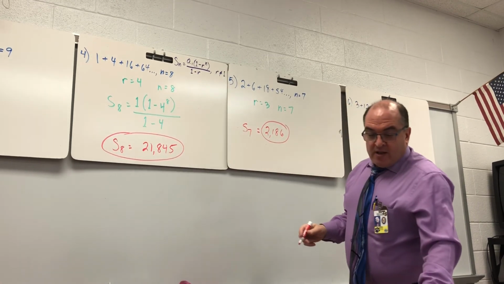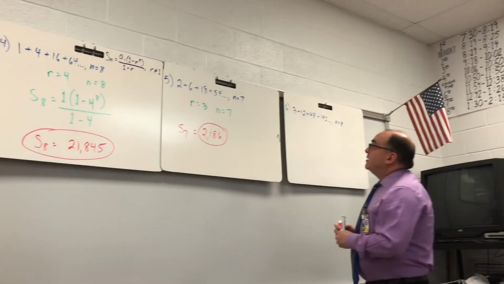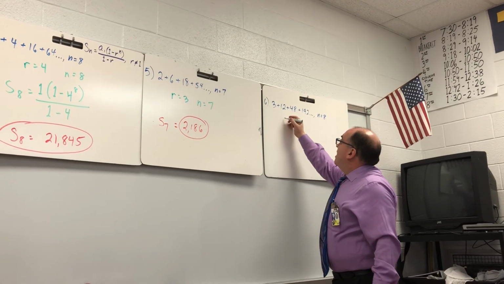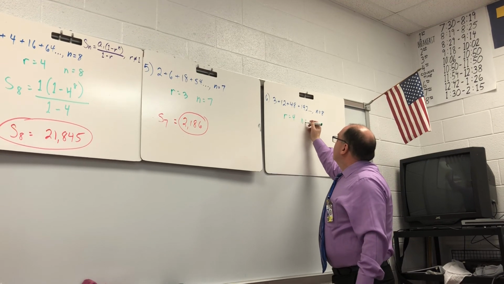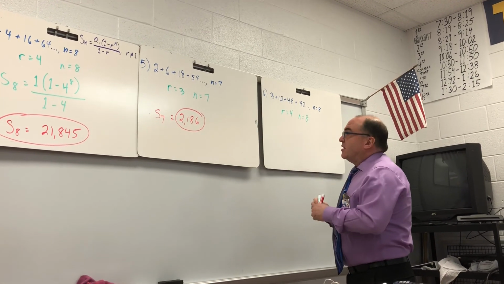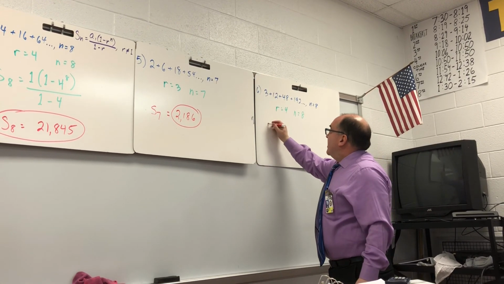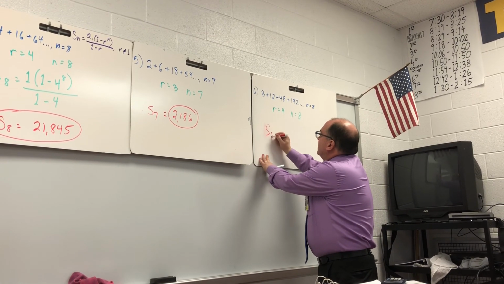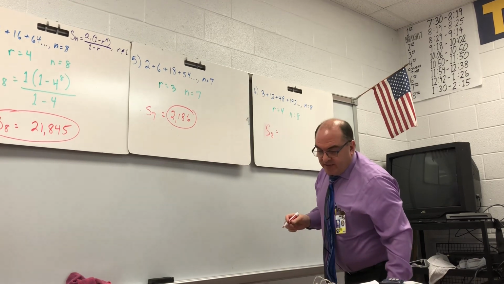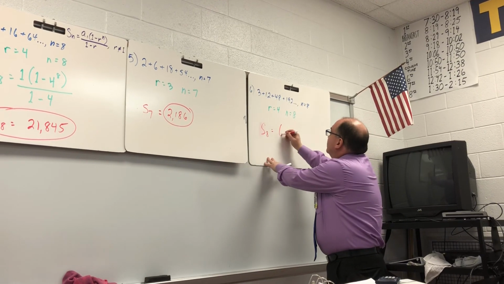Okay. Over here, R is going to be 4, and N is 8. S of 8 is going to be 65,535.